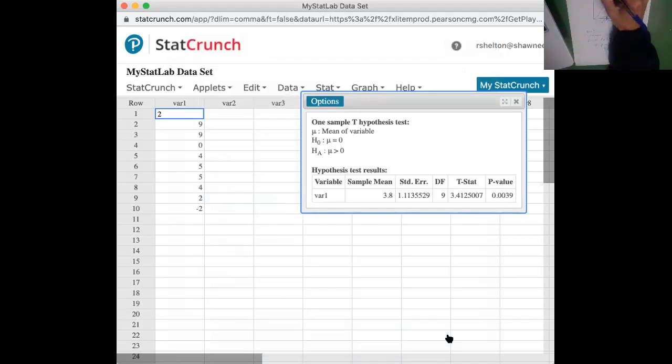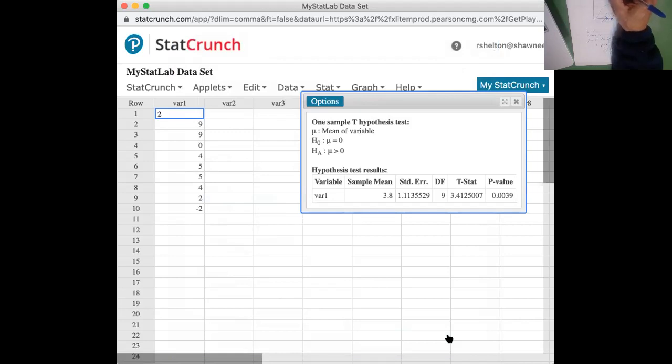Okay, so this gave us our test statistic, which now is a t-value and not a z-value, but it's the test statistic. That's the one that comes from your sample. So you could call that a t-score.